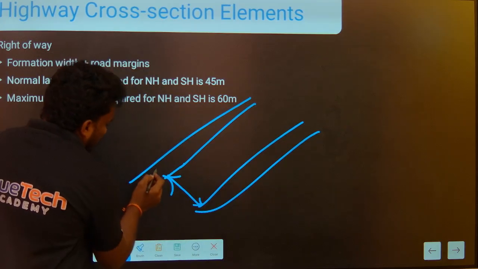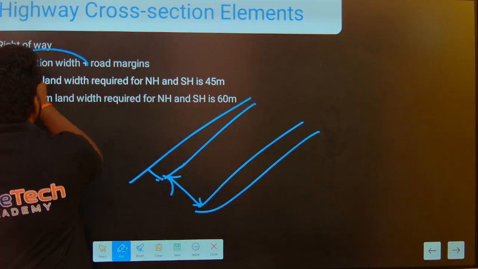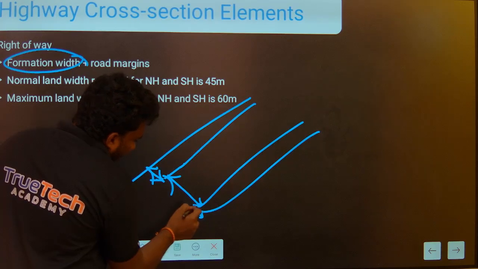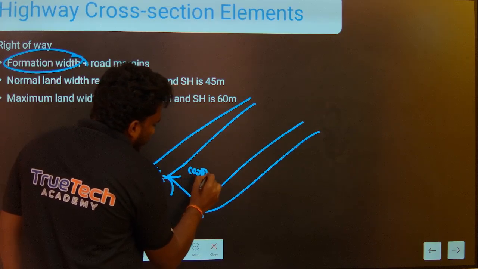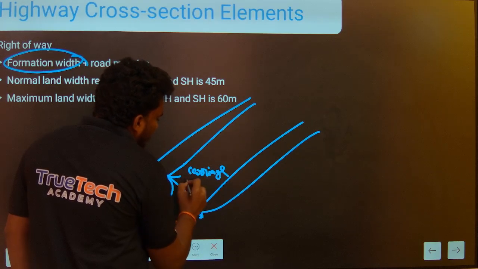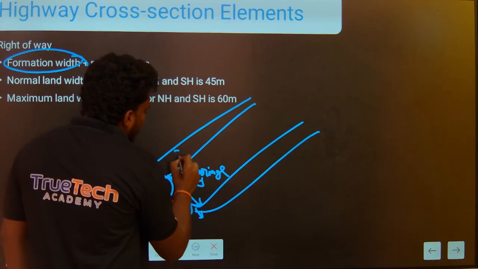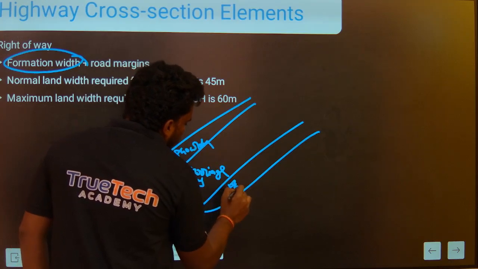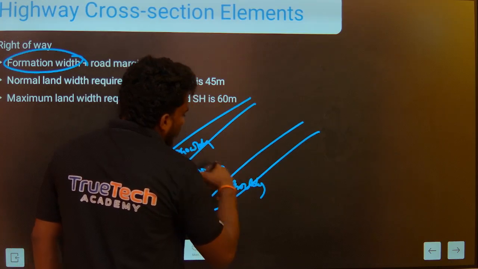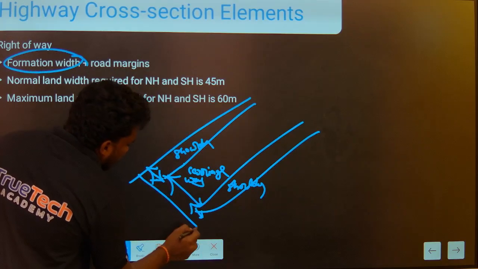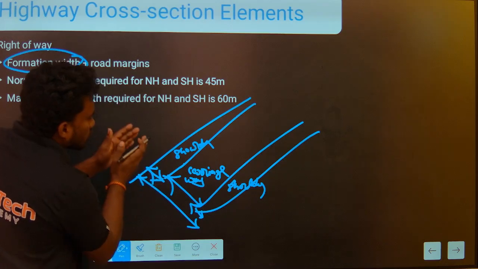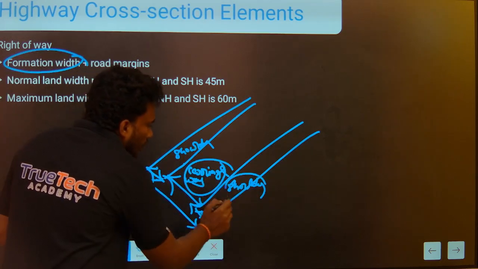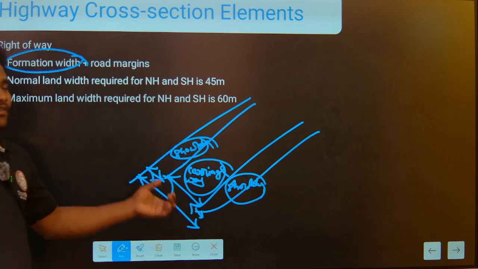The formation width is nothing but the shoulder and carriageway width. The carriageway is nothing but the road surface, and these are the shoulders. So the formation width is the distance from shoulder to shoulder, or otherwise the carriageway width plus 2 times the shoulder width.